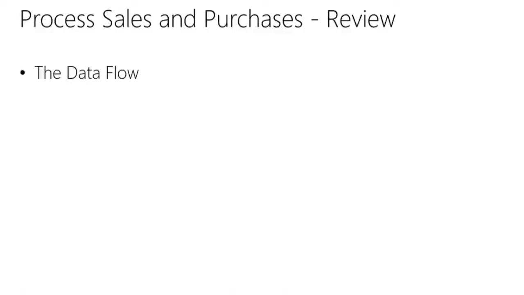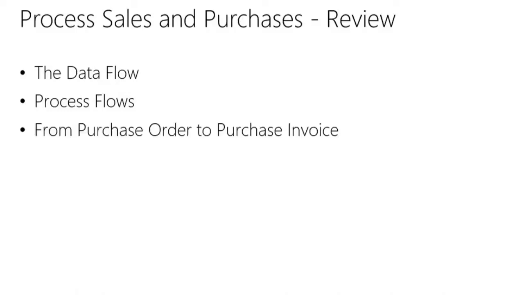So we are now at the end of the sales and purchase process module. Let's review it together. So what I explained and demonstrated is the data flow in the application. Where is the data coming from and where is the data going towards when we are performing sales and purchase processes. Then I demonstrated the process flows from purchase order to purchase invoice.